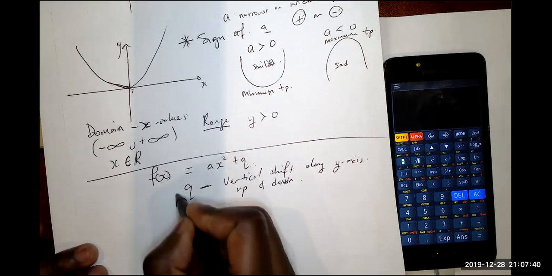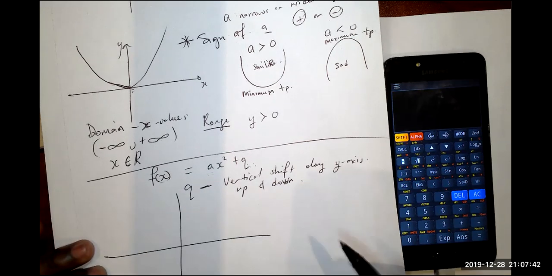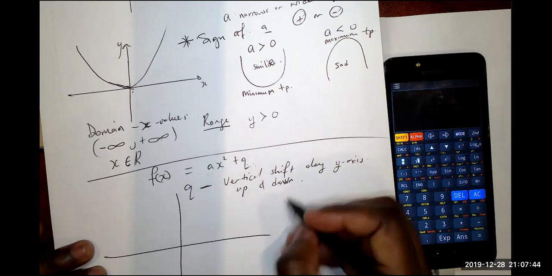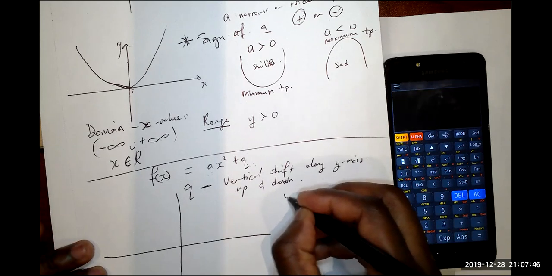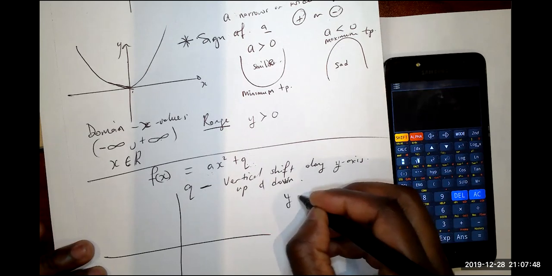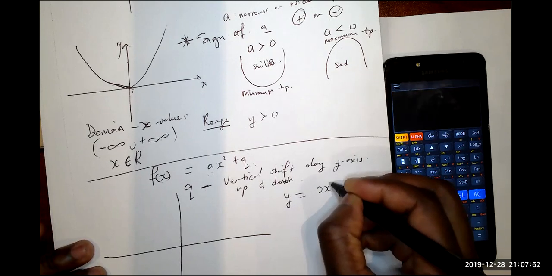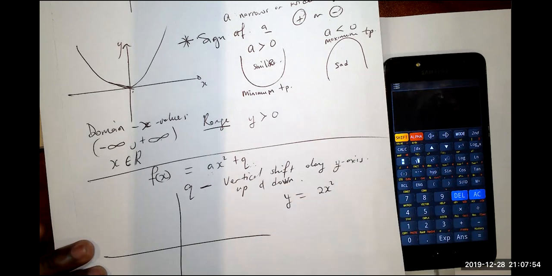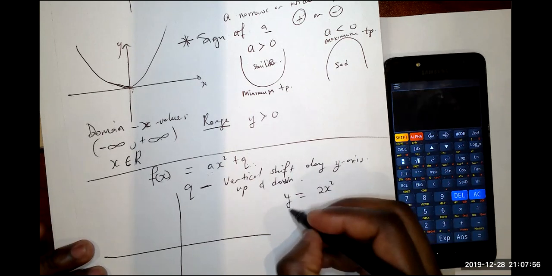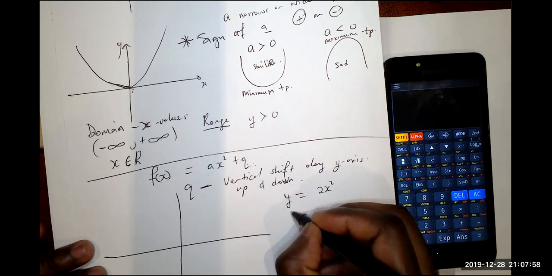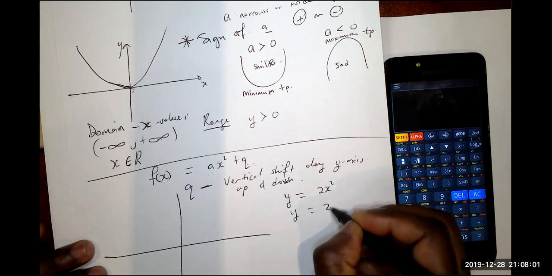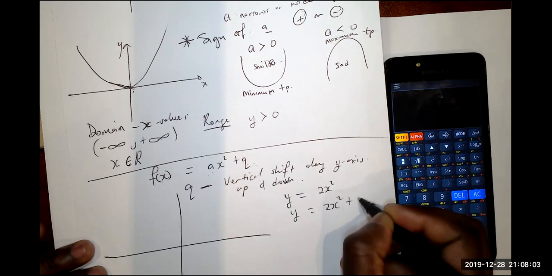Let's have two equations here. Let's have the general equation, y is equal to, maybe let's say 2x squared. Then that's the first one. Then the second one, we have maybe y is equal to 2x squared plus 9.